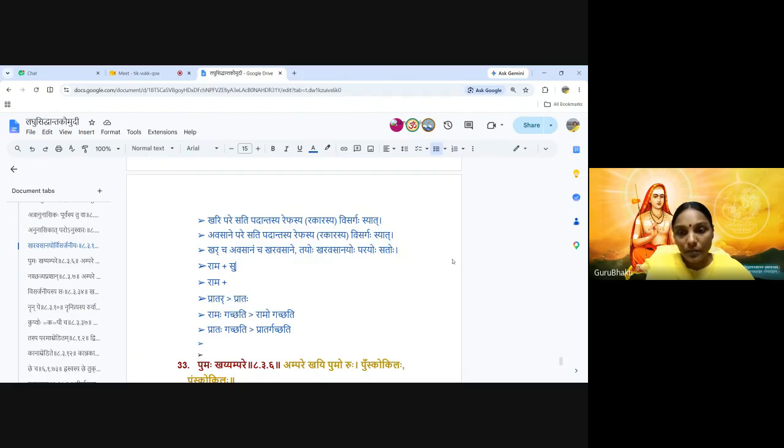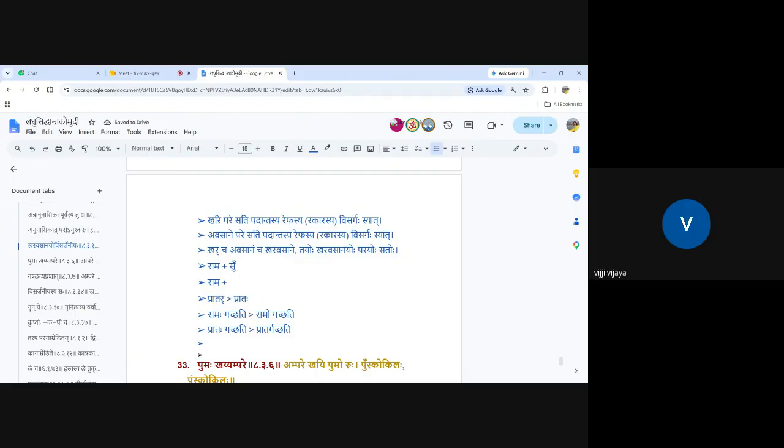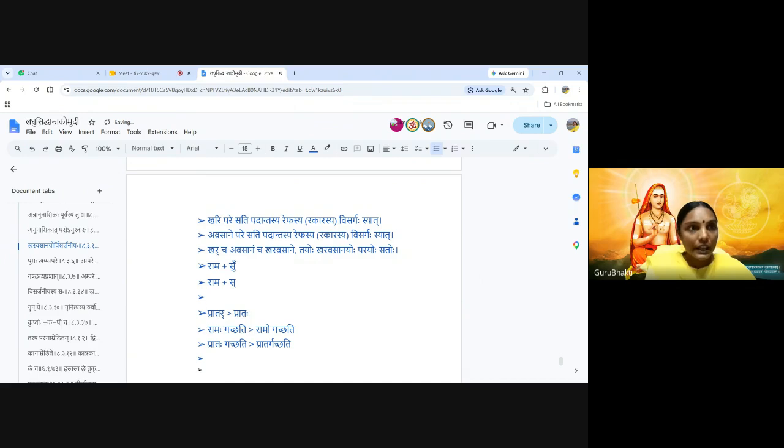What will remain here? Sakara. Then does anybody remember what will happen to this sakara? Sakara will change into rukara by Saso Ruh. By this sutra, this sakara will change into rukara.